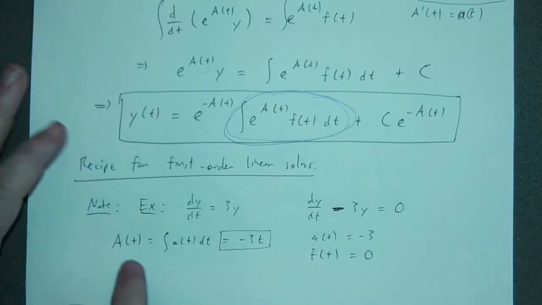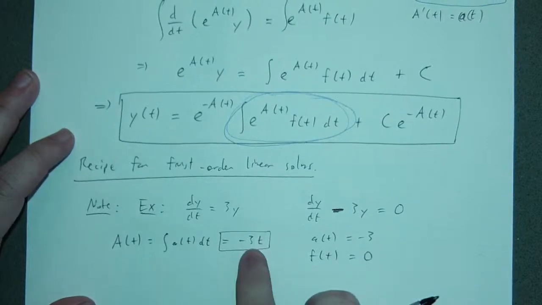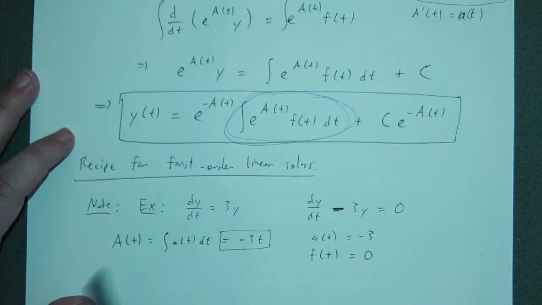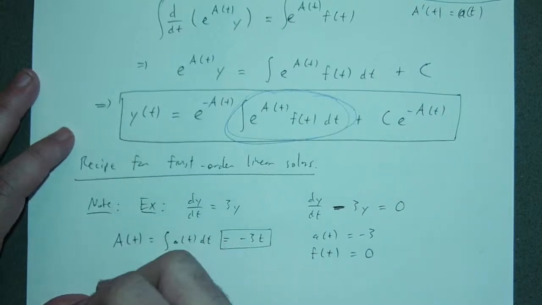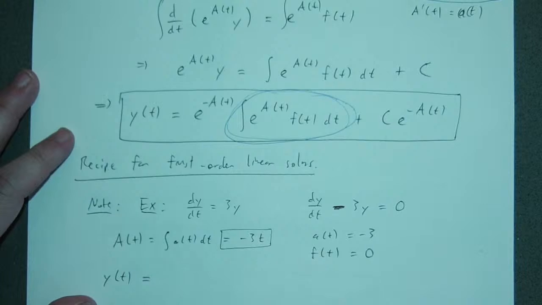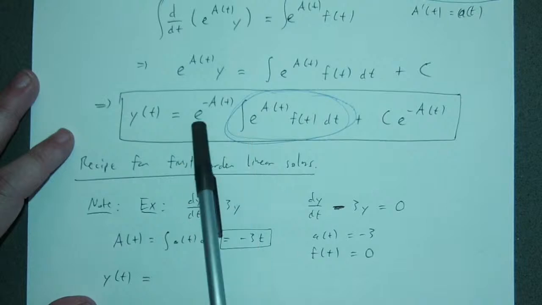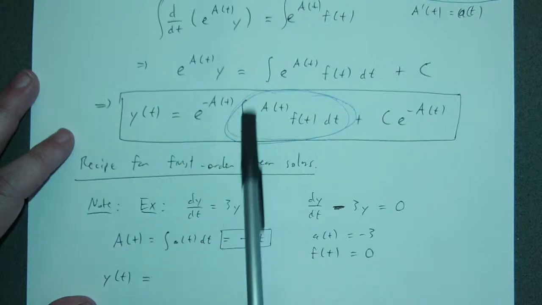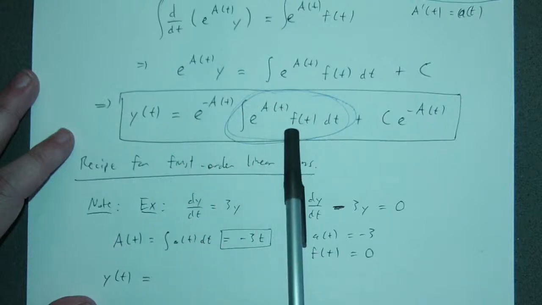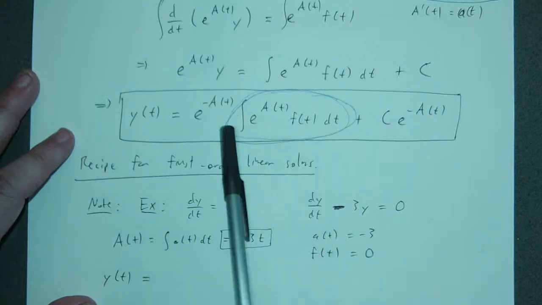So here's my big A of t, minus 3t. And so if I write out y of t from this recipe, the first thing I get is e to the minus big A of t times the integral of e to the big A of t times f of t, but f of t is 0, so this is just the integral of 0, which is just 0.